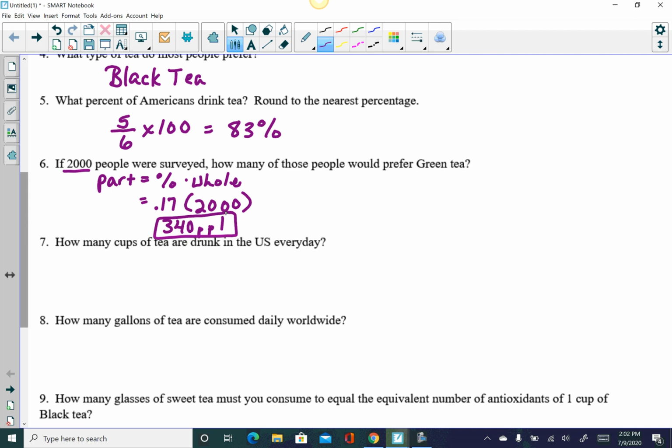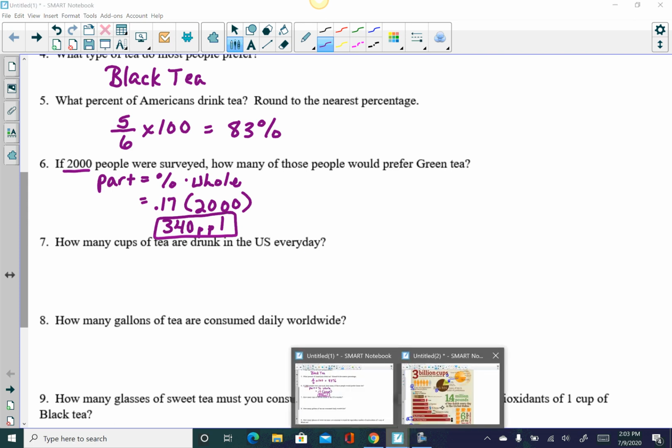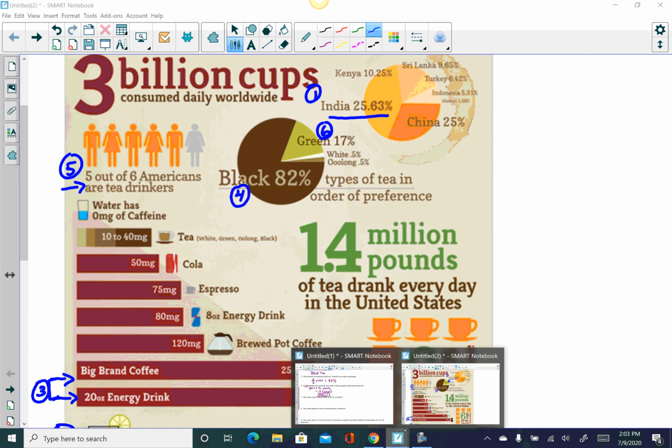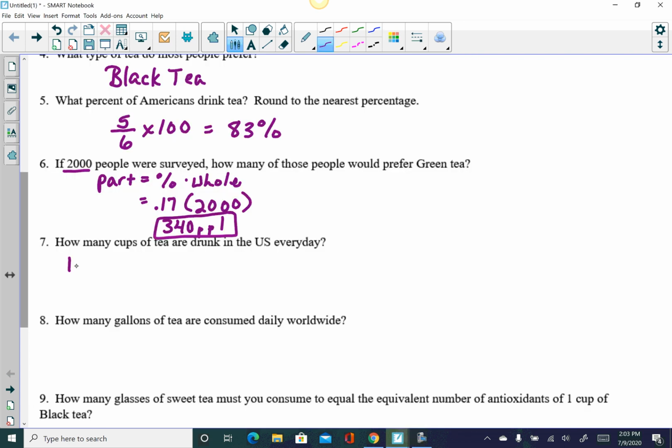All right, in number 7, it wants to know how many cups of tea are drunk in the U.S. every day. So going to our graphic. Let's see, they tell us that 1.4 million pounds of tea is drunk every day in the U.S., so we want to convert those pounds into cups. So 1.4 million.